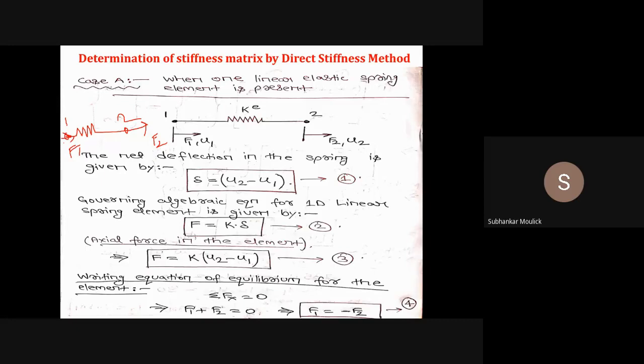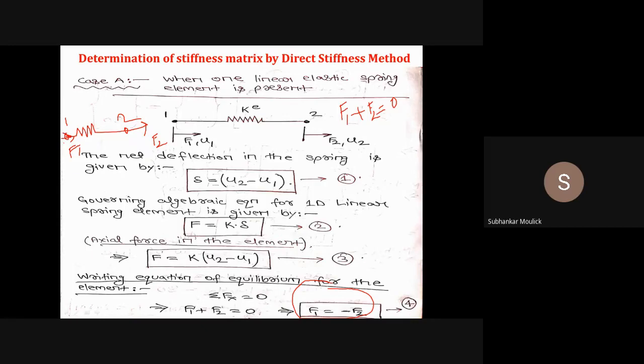If I want to keep this element in equilibrium, I have to use the equations of equilibrium, and that will be summation of Fx equal to 0. All the forces are along positive x direction, so I can write F1 plus F2 equal to 0, or F1 is equal to minus F2, or F2 is equal to minus F1. Is it clear so far? Yes, sir, it is clear, sir. Continue.